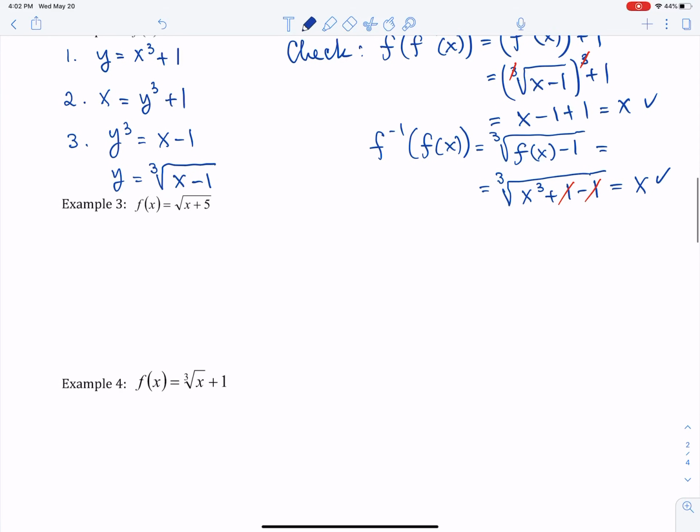The next function, f of x is equal to square root of x plus 5. Step 1, replace f of x with y. Step 2, replace y with x and x with y.